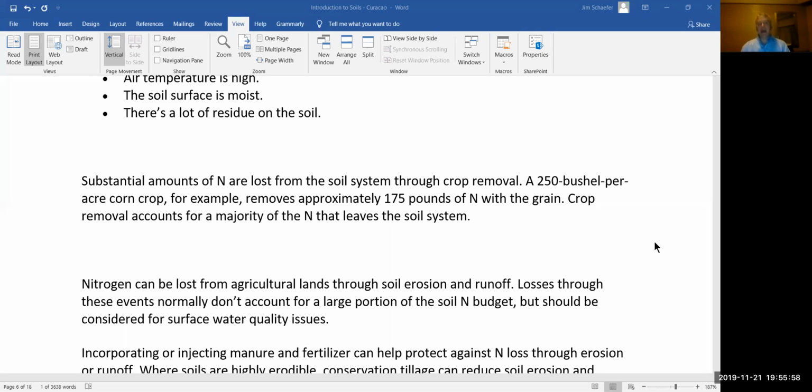The data you're looking for is, let's say you want to grow watermelons, what would be the normal plant food requirements appropriate for a watermelon crop.